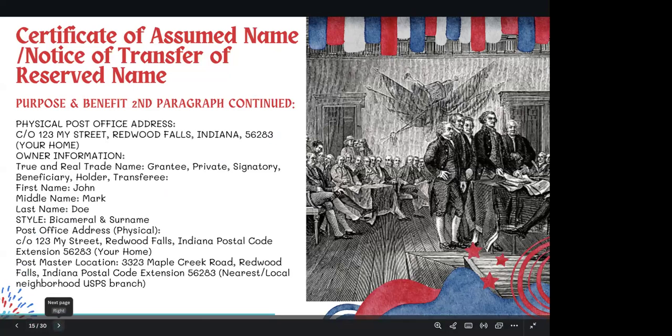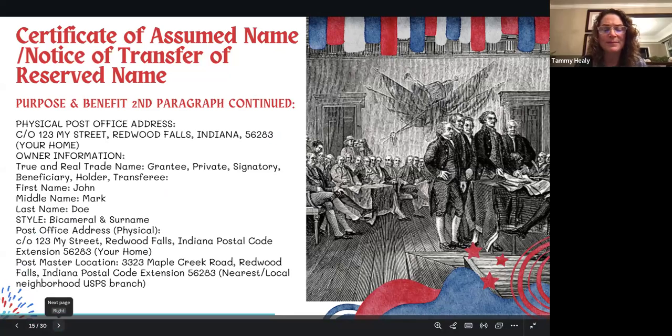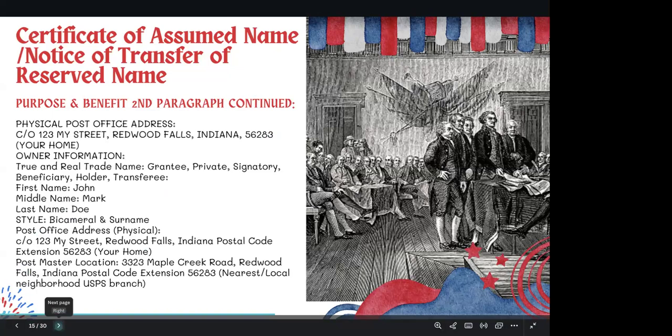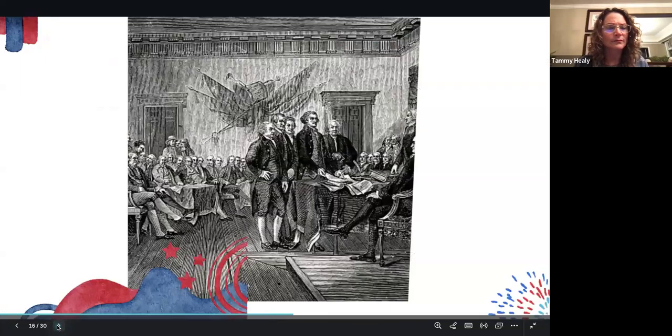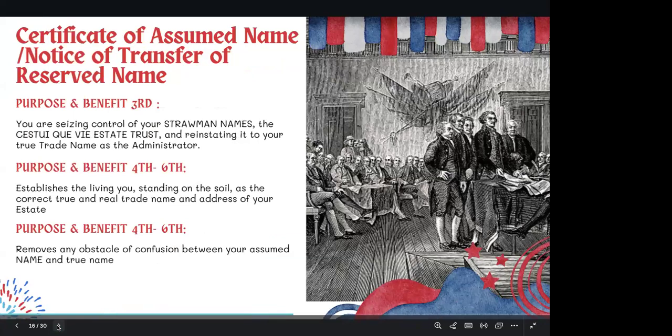But you're just going to write the physical address, care of, and so on. The owner information doesn't get there. And we're going to do another education piece that's going to go over postal offices and postal services, because I know that this is confusing to a lot of people too. But we're not going to spend too much time on that right now. I yield. Thank you, Nelson.